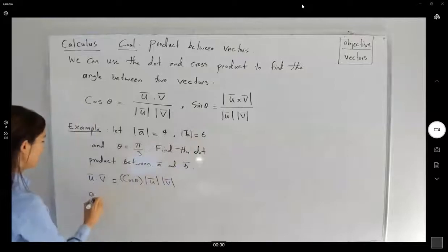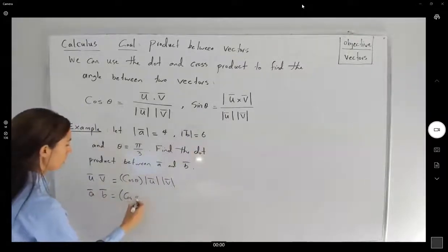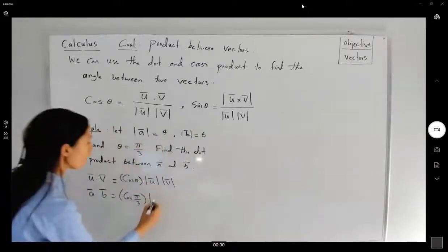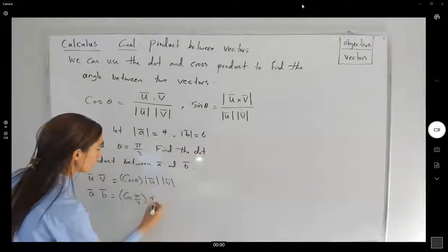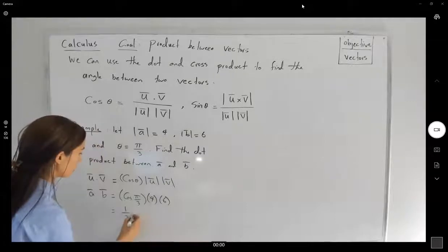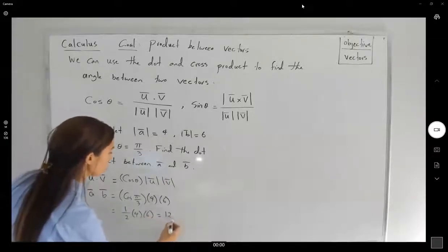So A dot B is equal to cosine of pi/3 times the magnitude of the first vector, 4, times the magnitude of the second vector, 6. It is equal to 1/2 times 4 times 6, which is 12.